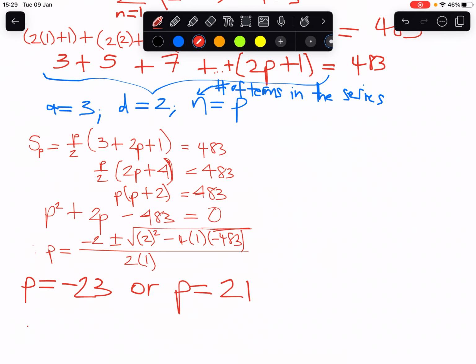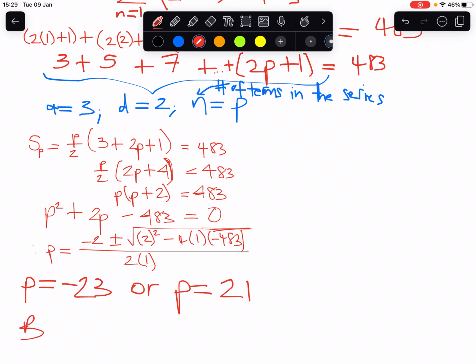Okay. But remember that p is the number of terms in the series, right? So p has to be a number that's bigger than 0. It could be 0, I guess. But yes, it can't be a negative number. It definitely can't be a negative number.